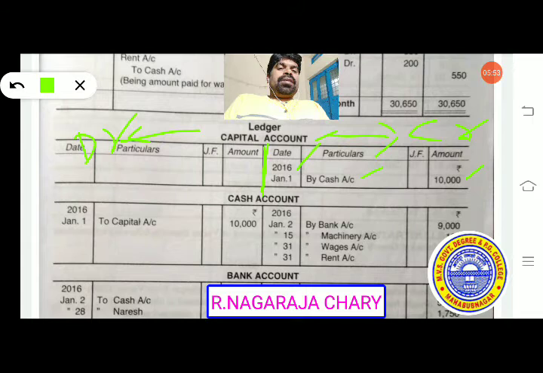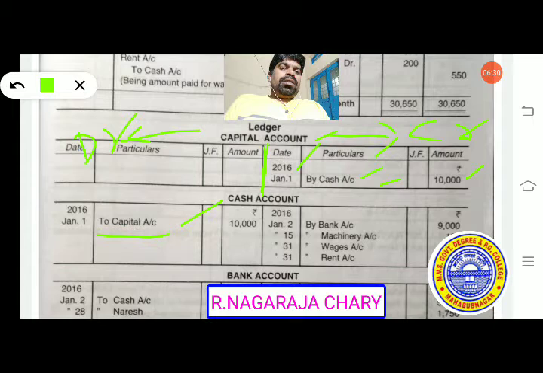Next we see the cash account. In the journal entry we wrote cash account debtor to capital account, so in the cash account on the debit side we write To capital account 10,000. One transaction has two aspects, and the two aspects are to be posted into the concerned accounts.